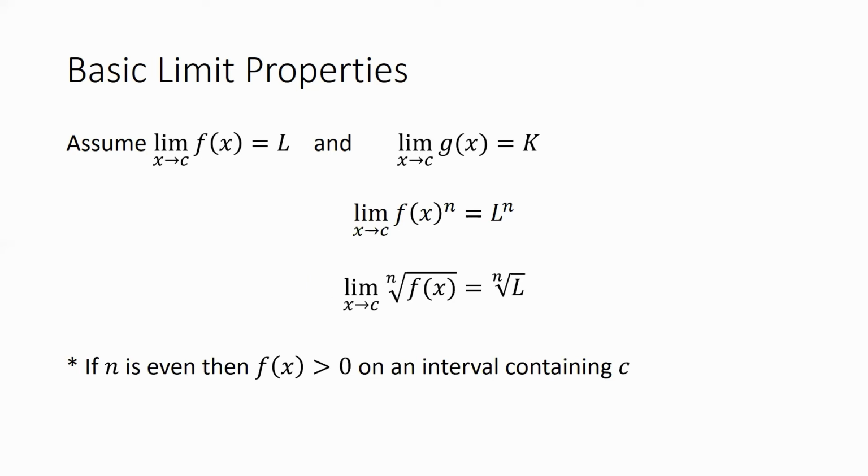Once again, we have to be careful that we don't get negatives in here when n is even, because that won't turn out to be a real number. So if n is even, then my function values have to be positive around this c, so that I can actually take the proper root.